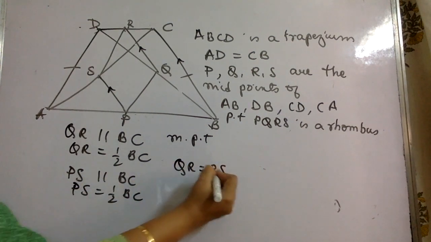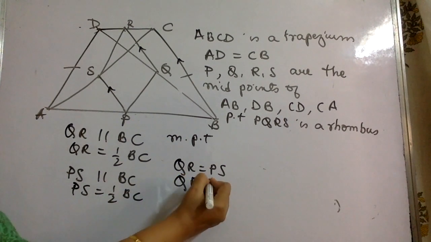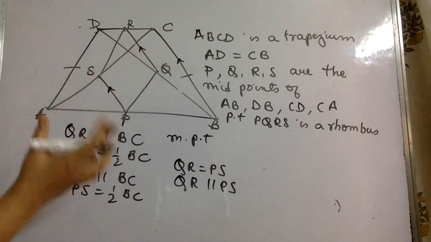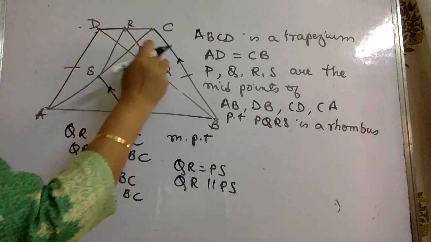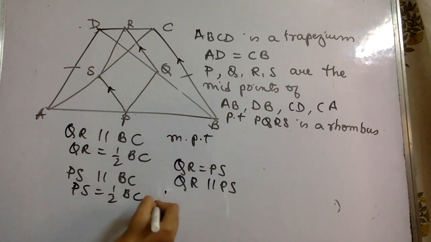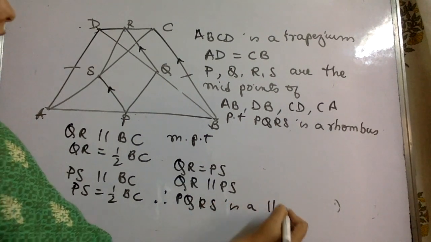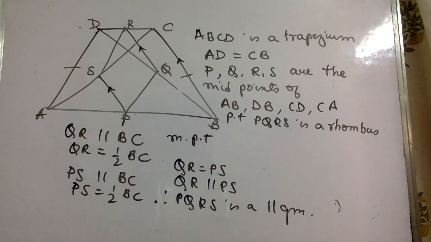QR is equal to PS because they are equal to half of the same line. Okay, and also QR is parallel to PS. Why? Because they are parallel to the same line, so they themselves are also parallel to one another. So that much is for the first two triangles. Okay, so with this they are equal and they are parallel, so we can say PQRS is a parallelogram. That much is proved, that PQRS is a parallelogram.